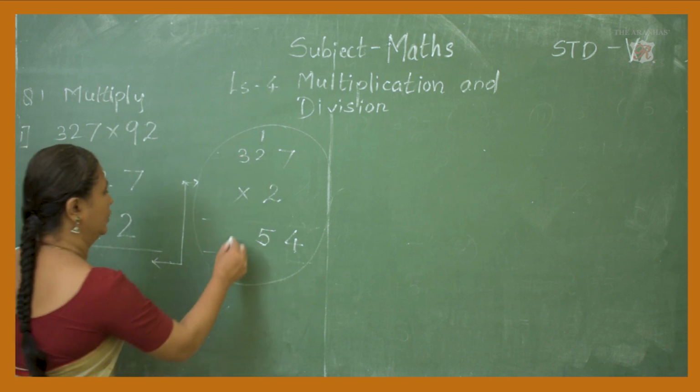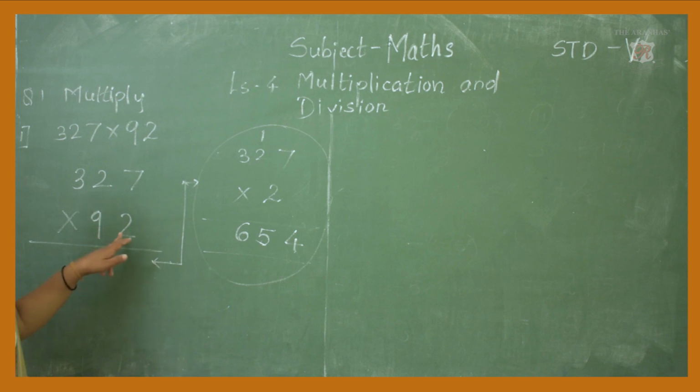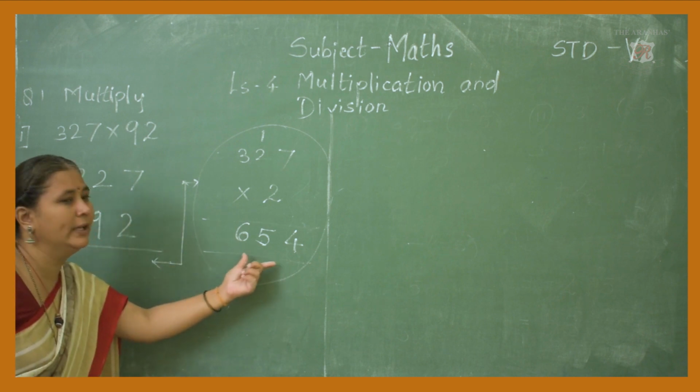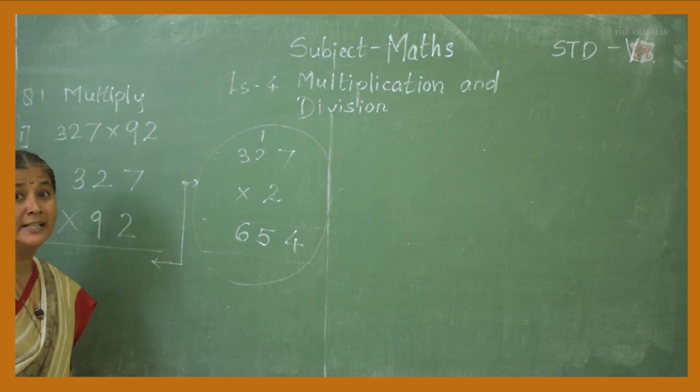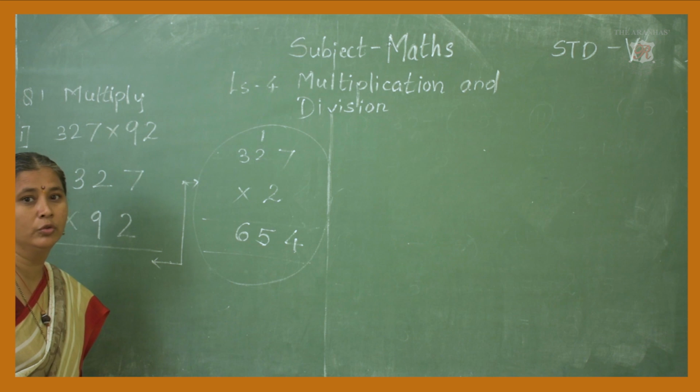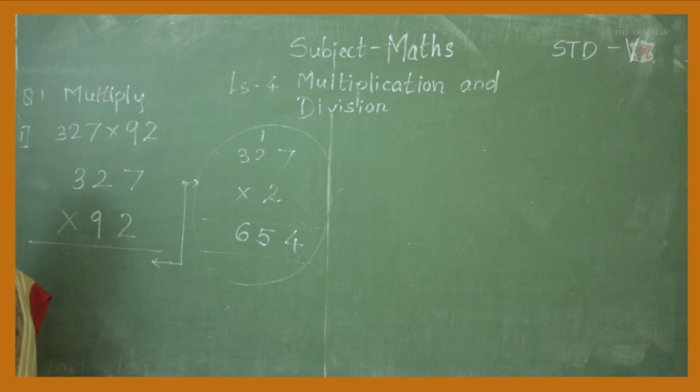So when we multiply 327 by 2, what answer are we getting? 654. Understood? So that answer we have to write, 654.